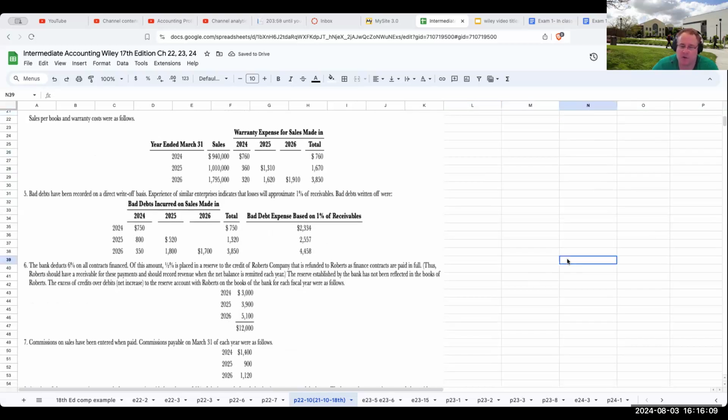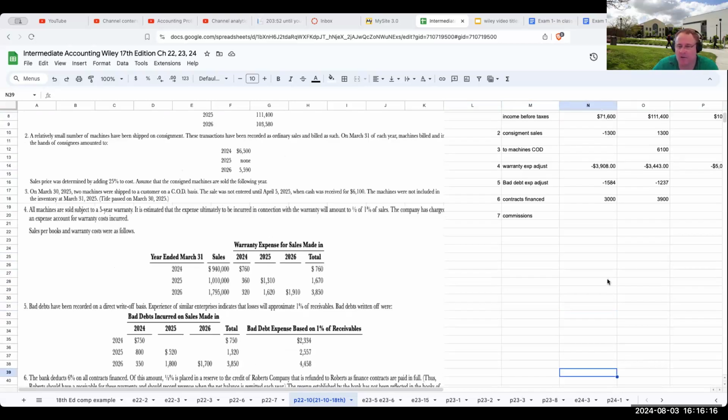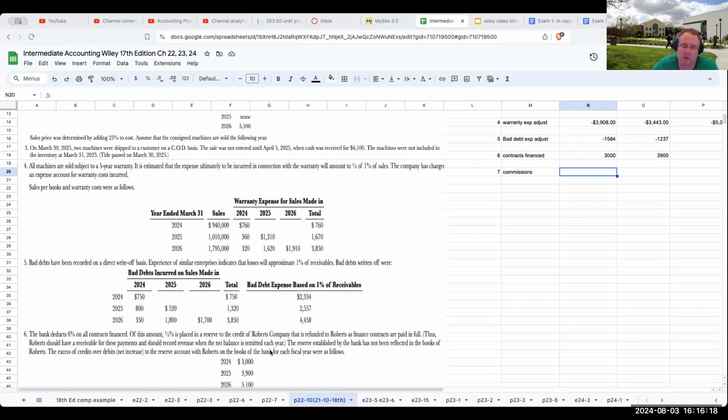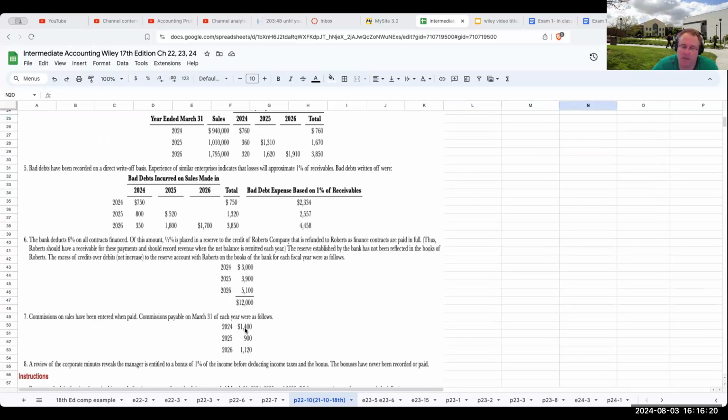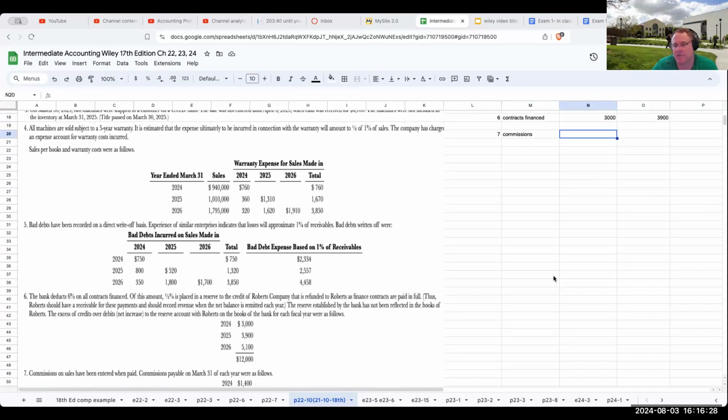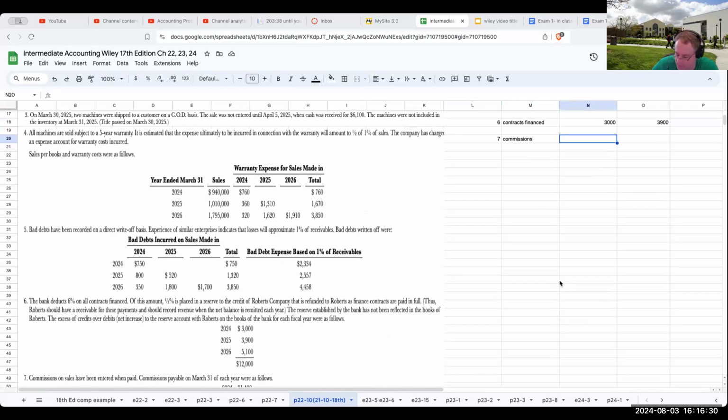The expense over here was commissions entered when paid. So in 2024, I should have recorded 1,400 in commissions, but this was an amount that was payable, but I never recorded it.